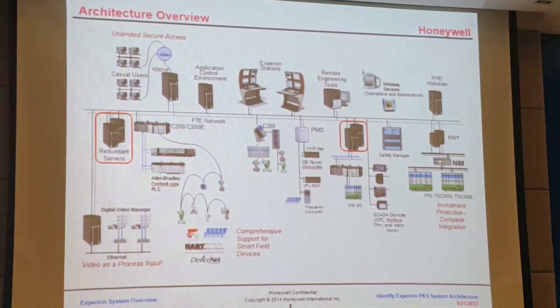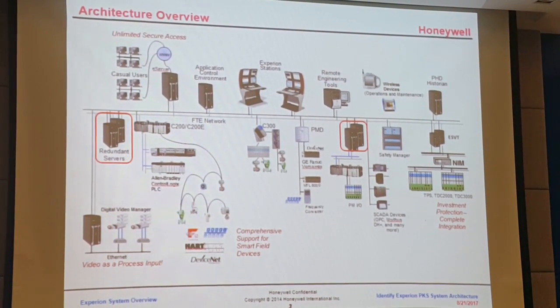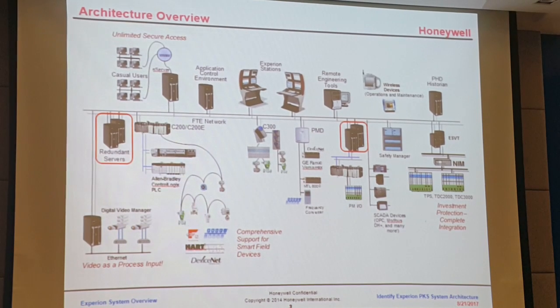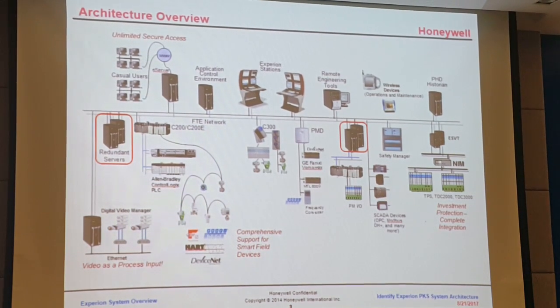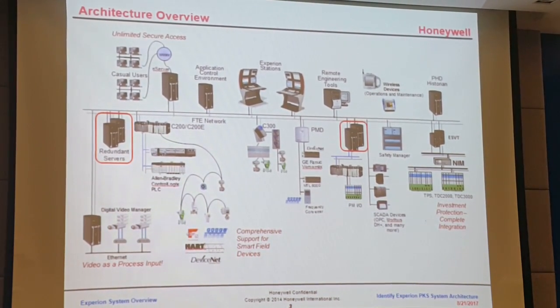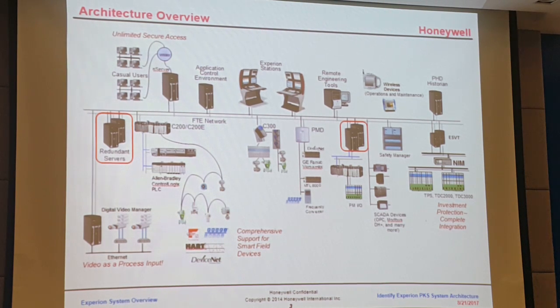Here, you will note that in this diagram we have a couple of servers. One of the reasons being, as shown here, that the C200 controller can be connected in two different ways, by using FTE, an Ethernet connection, or it can be connected by using a network called control network.